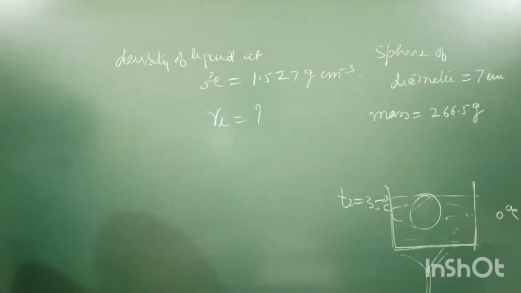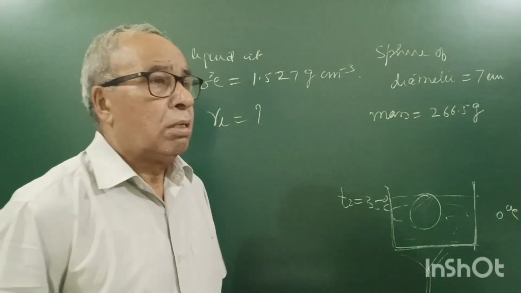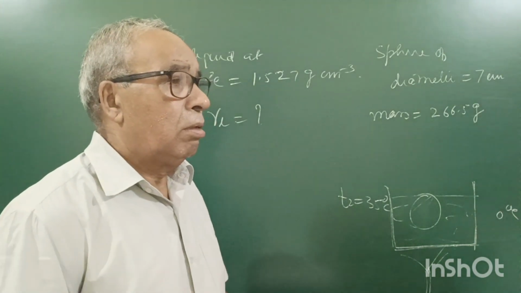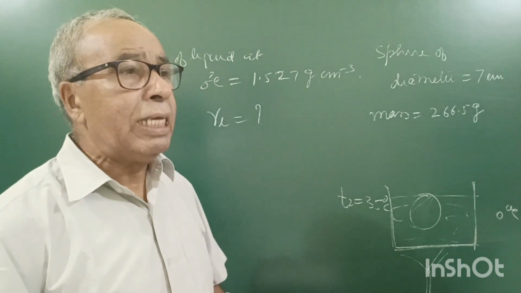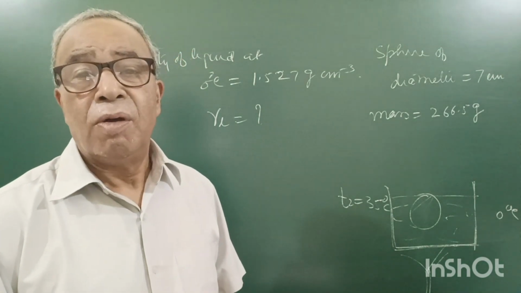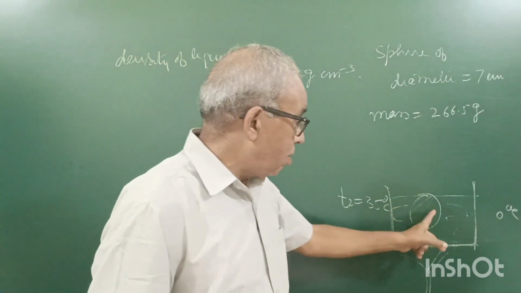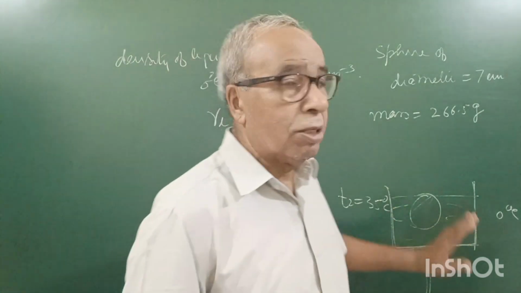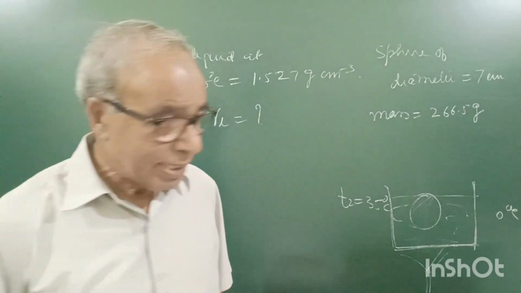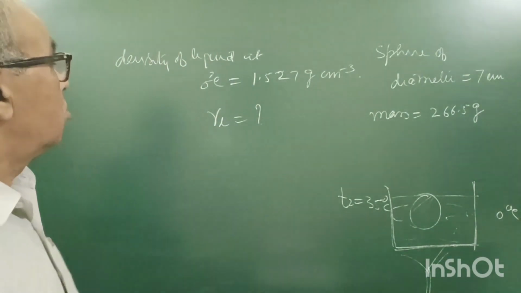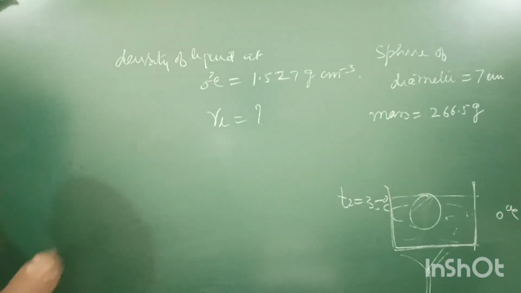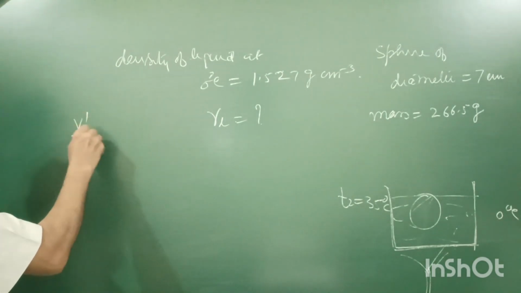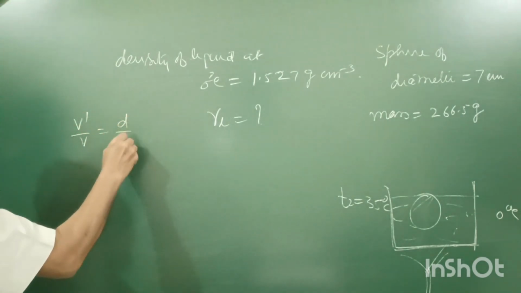A body floats completely submerged when the density of the floating body equals the density of the liquid. I have proved that V dash upon V equals D upon D dash.